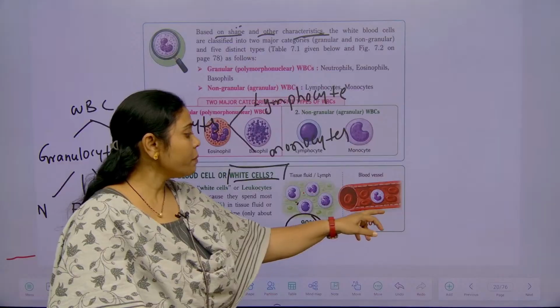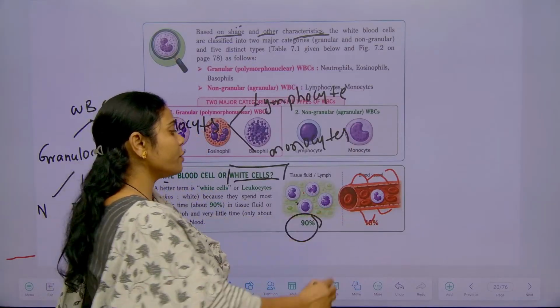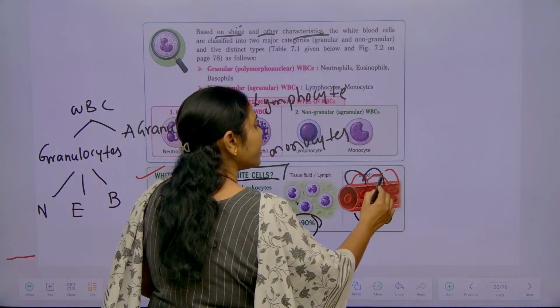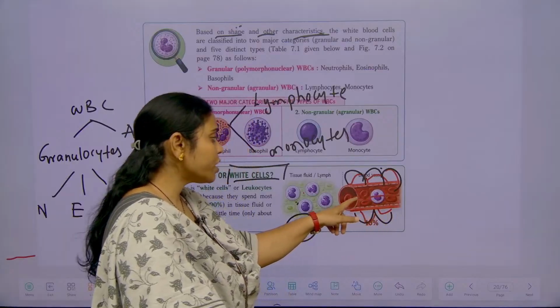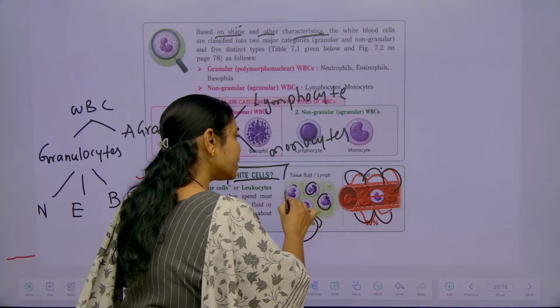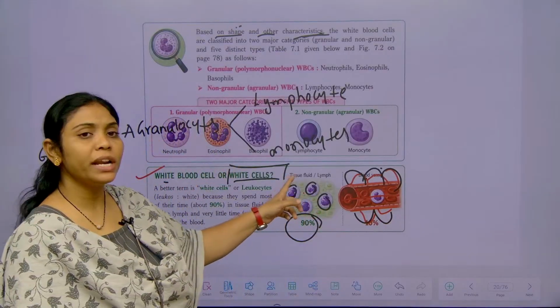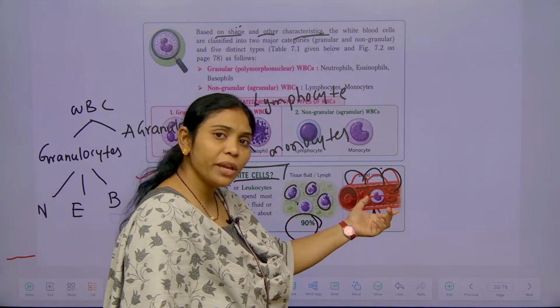Around the blood capillary, what can we identify? Tissues. Because of the diapedesis process, these WBCs come out and accumulate between the tissues. That means most of the time they are not with the blood.